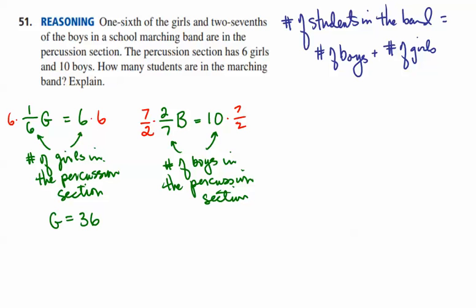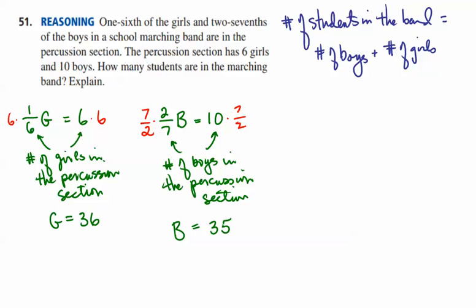And you'll see what happens is that 7 times 2 over 2 times 7, the product of two reciprocals, is always equal to 1. And because of that, we get B is equal to 10 times 7 is 70 over 2, which is 35.